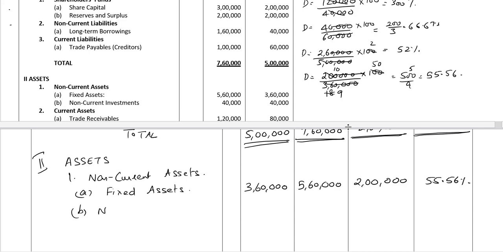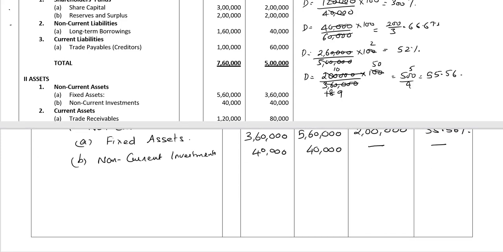B is non-current investments. 40,000, first column. Second column is also 40,000. Absolute change is nil and percentage change is also nil. 2. Current assets.